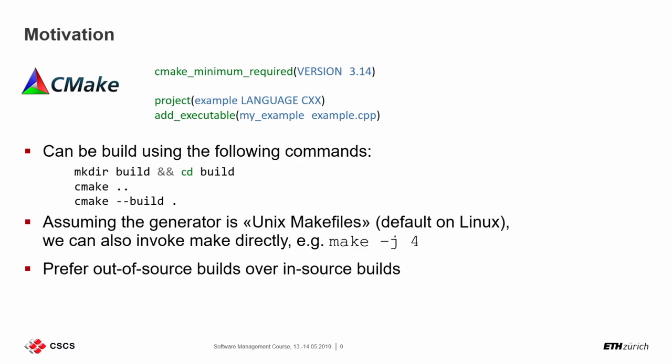Because CMake doesn't only support generating makefiles, but also other things, like, for example, Ninja, or it can also generate files to be used in IDEs. For example, you can generate Visual Studio project files and so on.